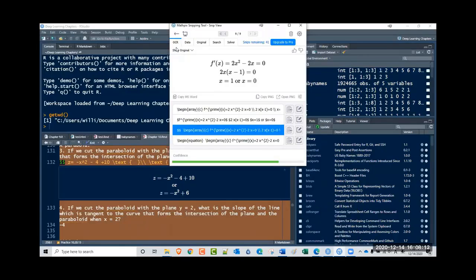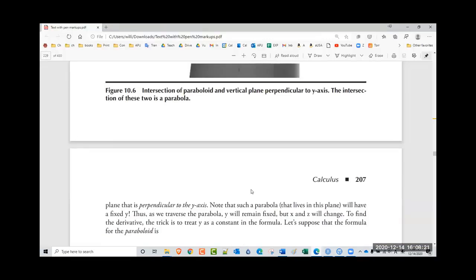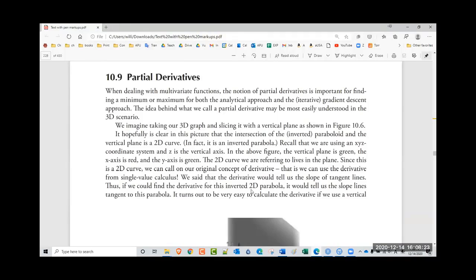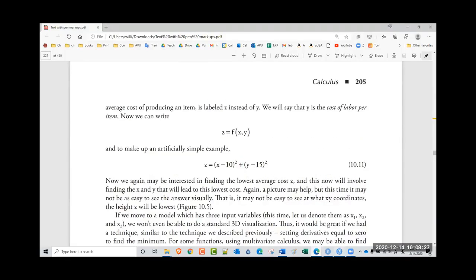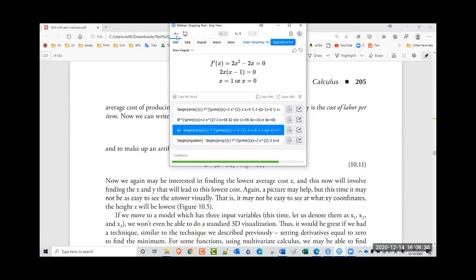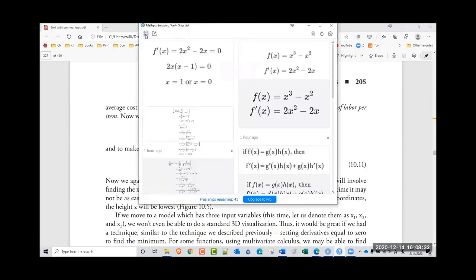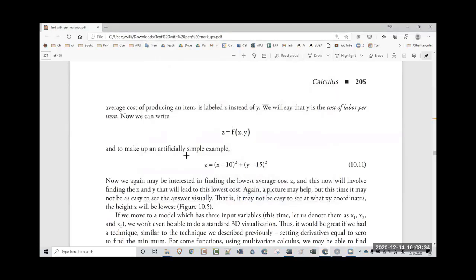called Mathpix. And it's quite nice because you can take an equation, for example, this equation, and you can just copy it like this.